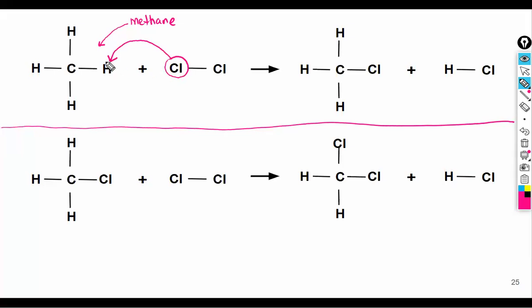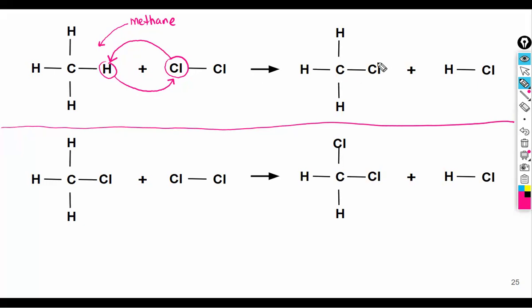It's just going to kick out one hydrogen, and the chlorine is going to take the place of the hydrogen. Okay? So you notice in a situation like that, that's a kind of substitution. Chlorine substitutes itself here and kicks out who? Hydrogen.